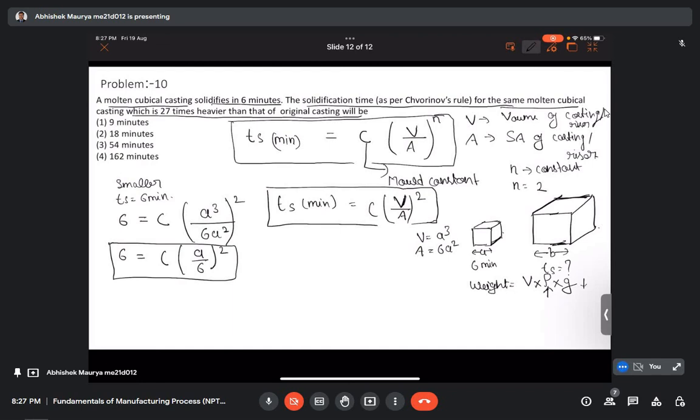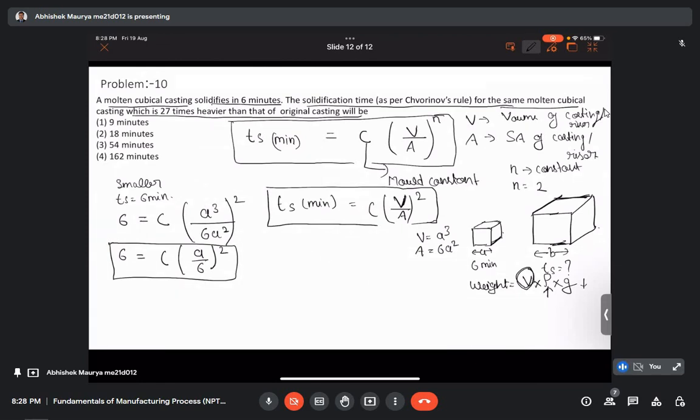So we can directly say the weight is directly proportional to the volume, because for both materials the density is the same and gravity is the same.